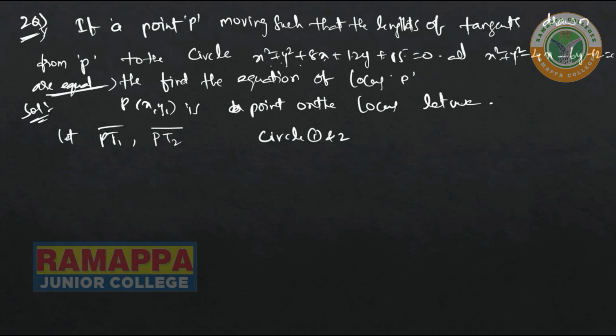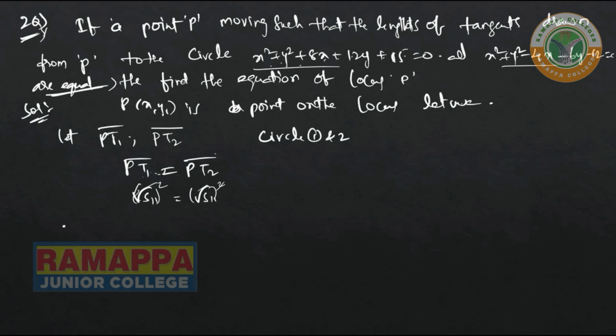So PT1 is equal to PT2, and from this we can write S11 is equal to S22. Squaring on both sides, the square roots get cancelled.